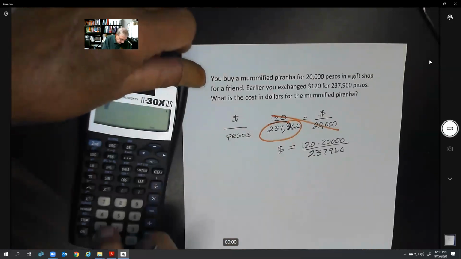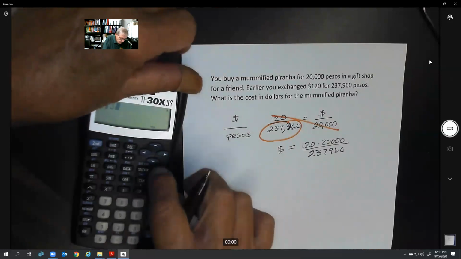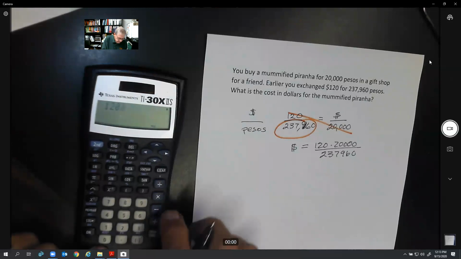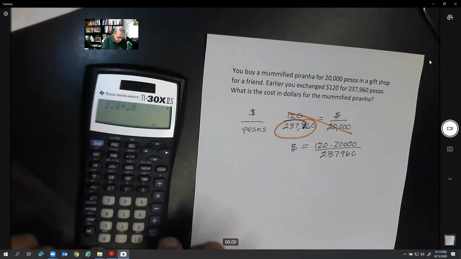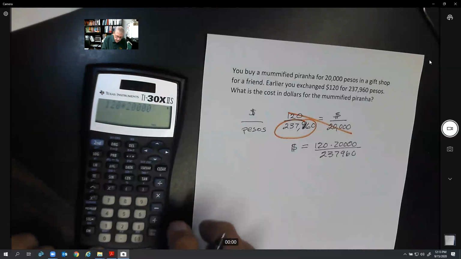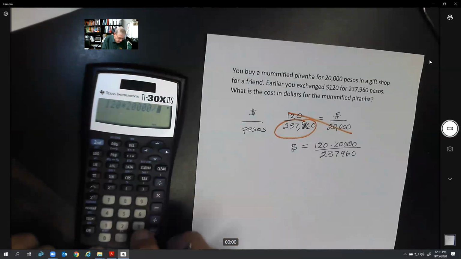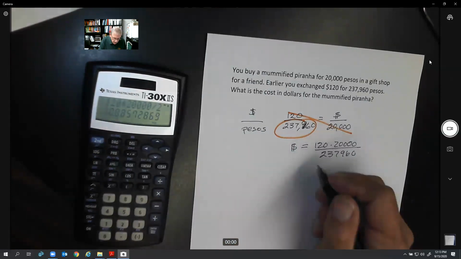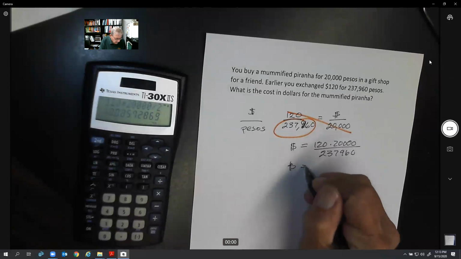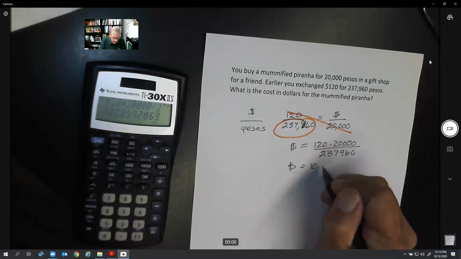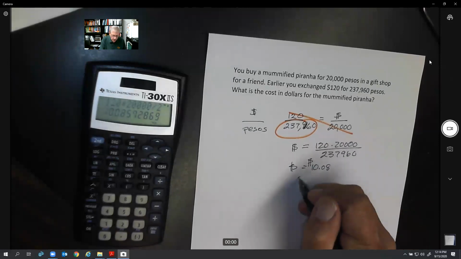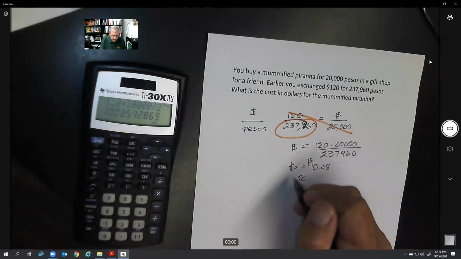Okay, I'm going to go ahead and do it. Okay, so this came out to be approximately $10.08. So we're just rounding off this approximate answer.